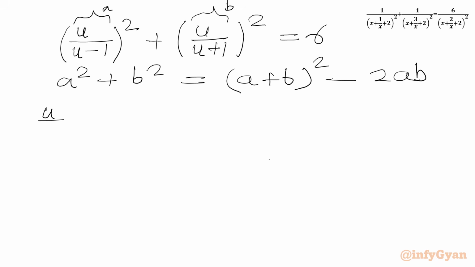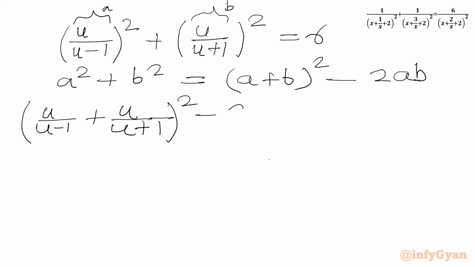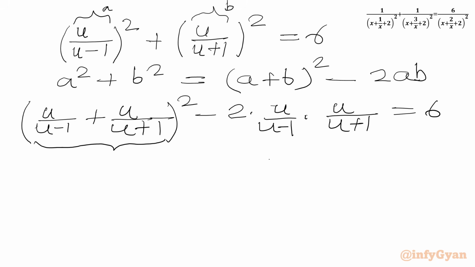So we will write u over u minus 1 plus u over u plus 1 and then we'll put part 2, minus 2 times ab. A is u over u minus 1 and b is u over u plus 1. RHS is 6.